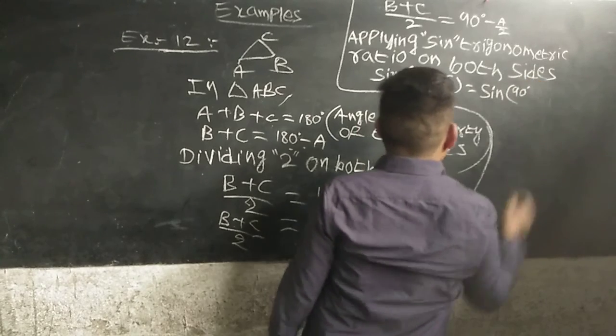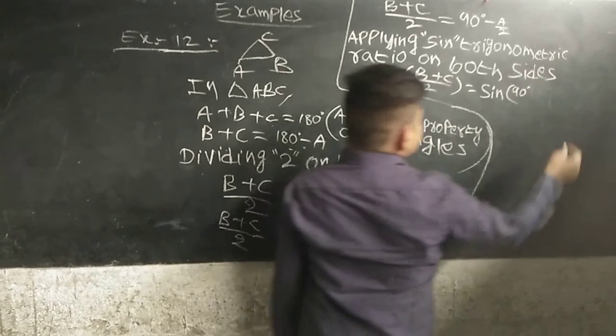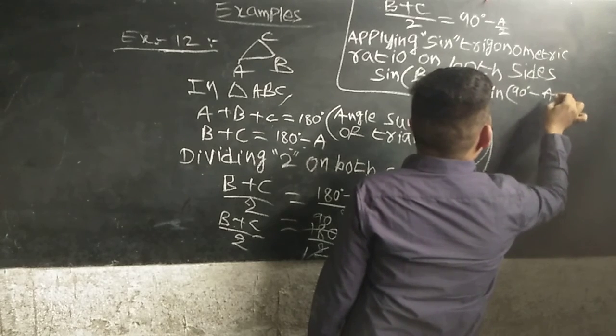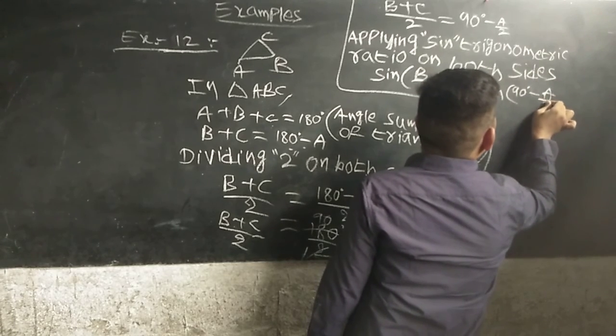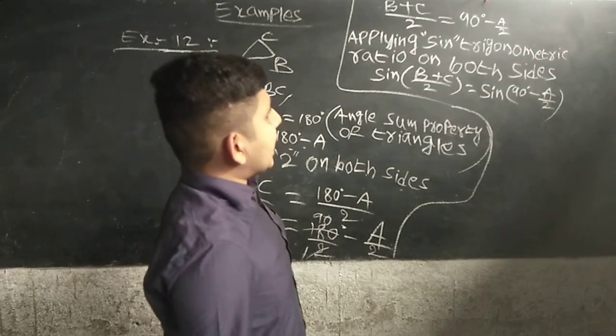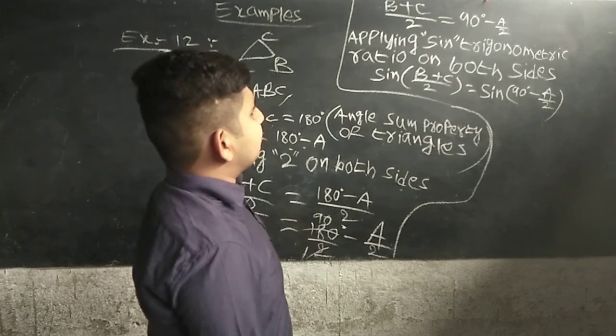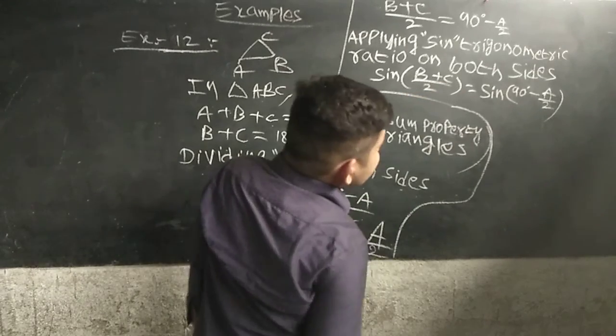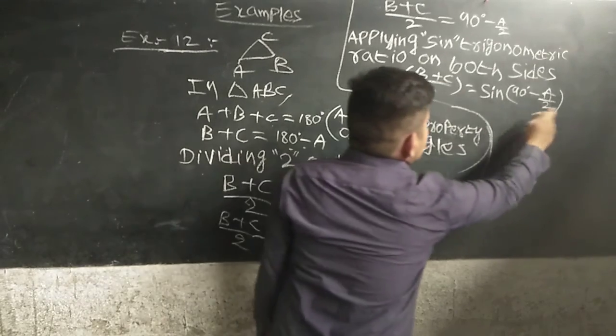Again, sine of (B plus C) by 2 equals sine of (90 degrees minus A by 2).